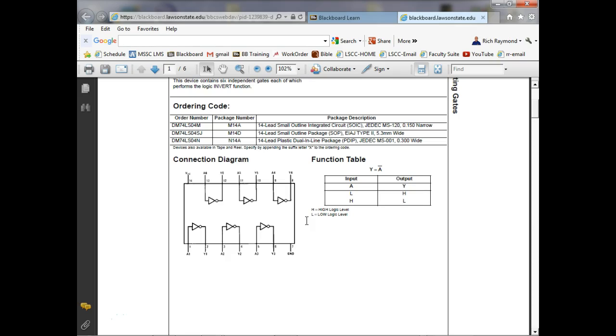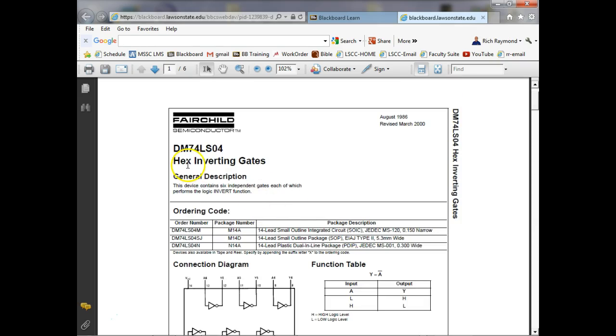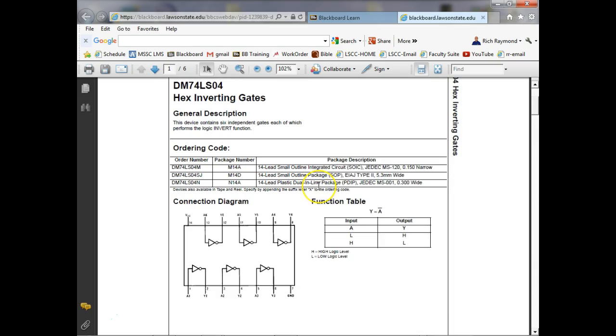The circuit is called an inverter. So this is the only one where the name of the circuit, the name of the gate, and the name of the logic are different. So we'll come over here, it's hex, which means what? 6 of them in there, right? You understand? And they call it inverter, inverting gates. But the logic is called a NOT. This is the only one that's different.